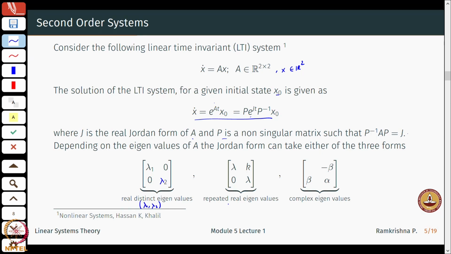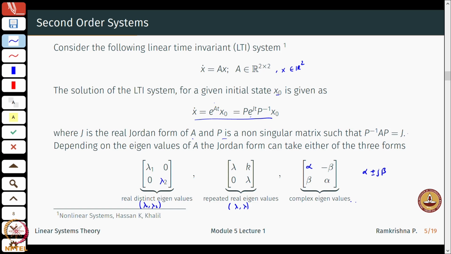In case the eigenvalues are repeated, like lambda and lambda, the Jordan form can be something like this, where k can either be 0 or 1 depending on the geometric multiplicity of the eigenvalues. The third is when I have complex eigenvalues, alpha plus minus j beta. There is an alpha missing here. So, we will have in this case complex eigenvalues.